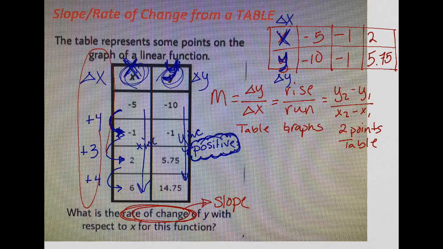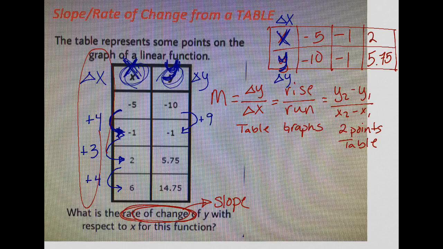Okay, so I'm going to do a little bit of erasing to give myself some space here. Okay, so our change in y, same thing. What do I have to add or subtract to get from -10 to -1, which would be an increase of 9.